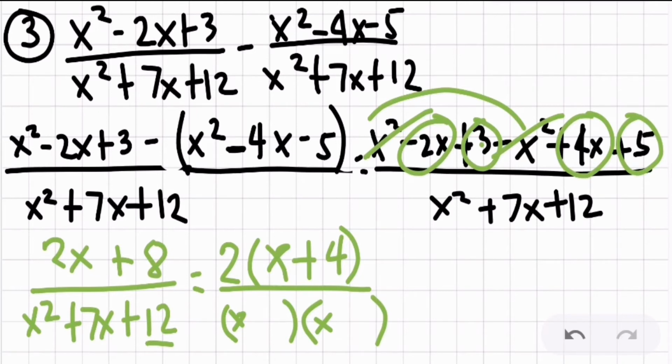But the pair which is equal to our middle term, which is 7x, is 3 and 4. So we must be using 3 and 4, both positive, since our middle term is positive.